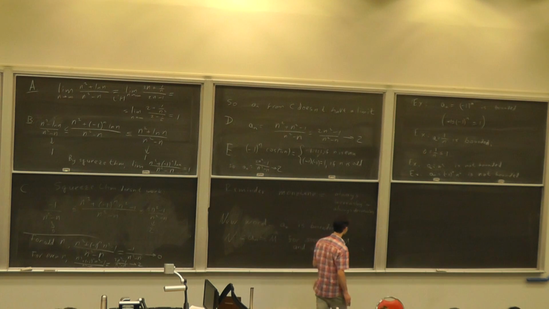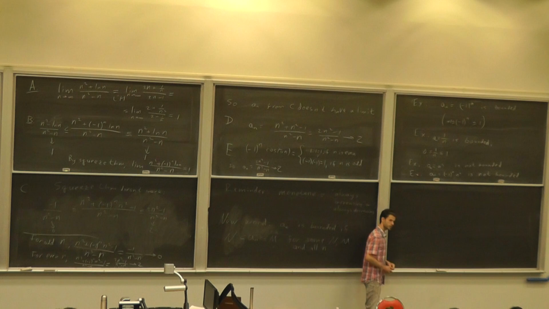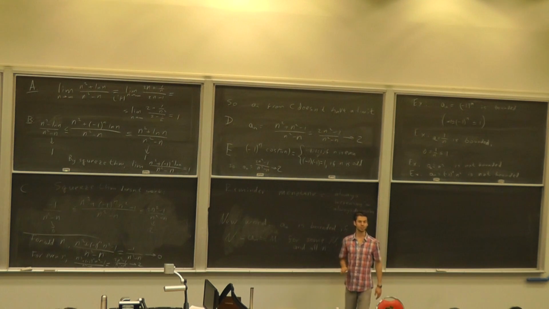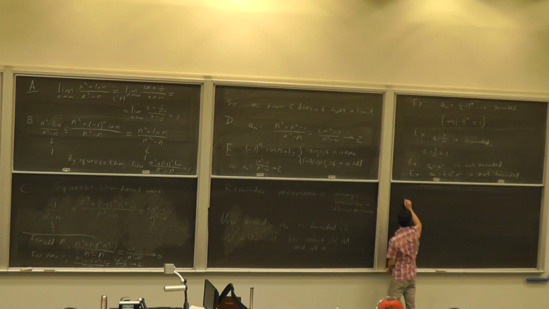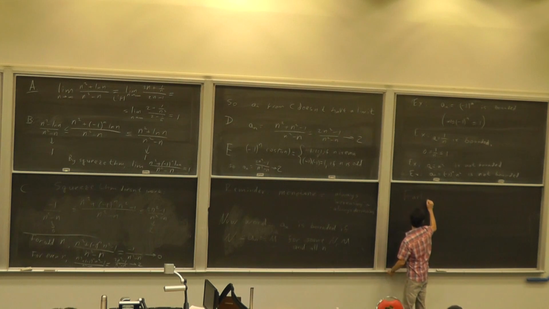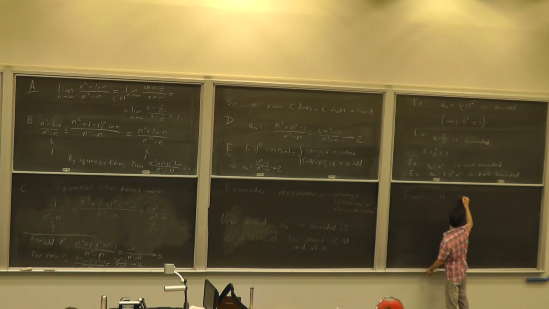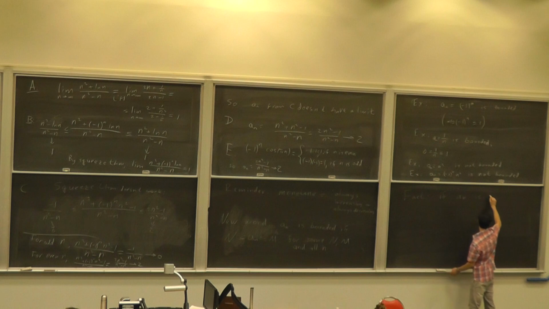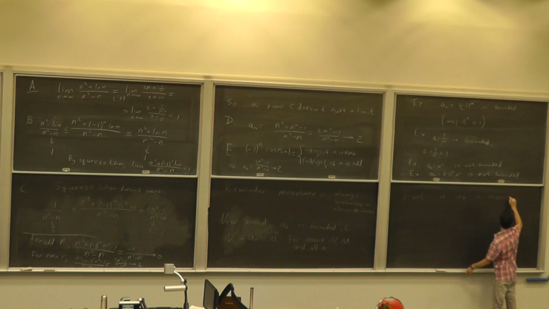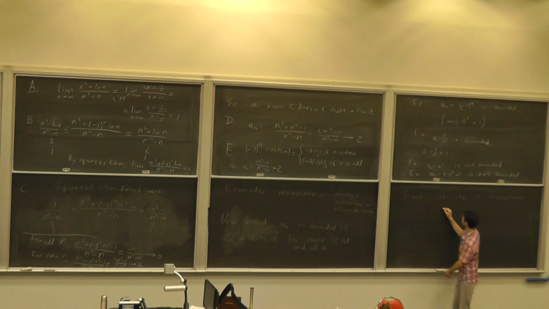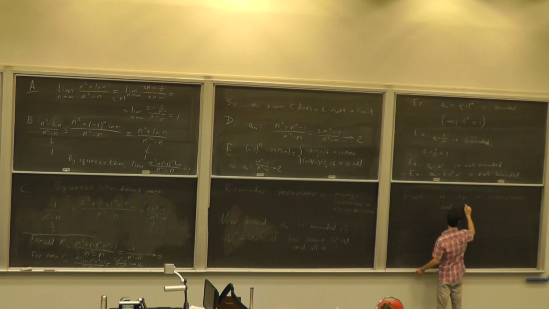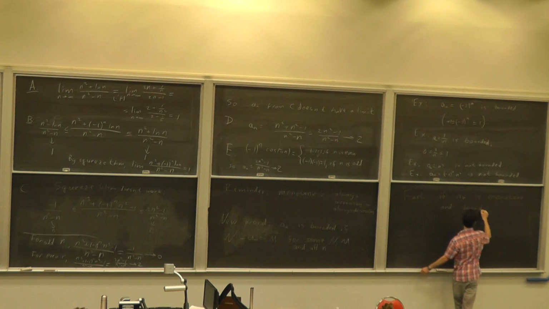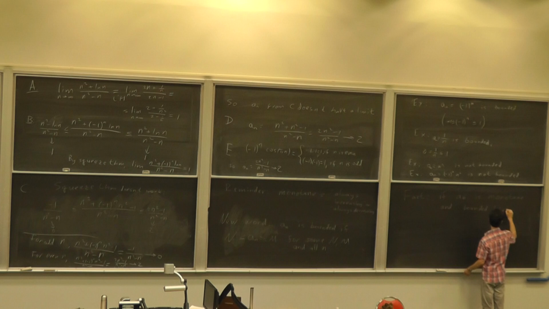Okay, so what's important here with these new words is the following fact. If a_n is monotone and bounded, then there's a limit.